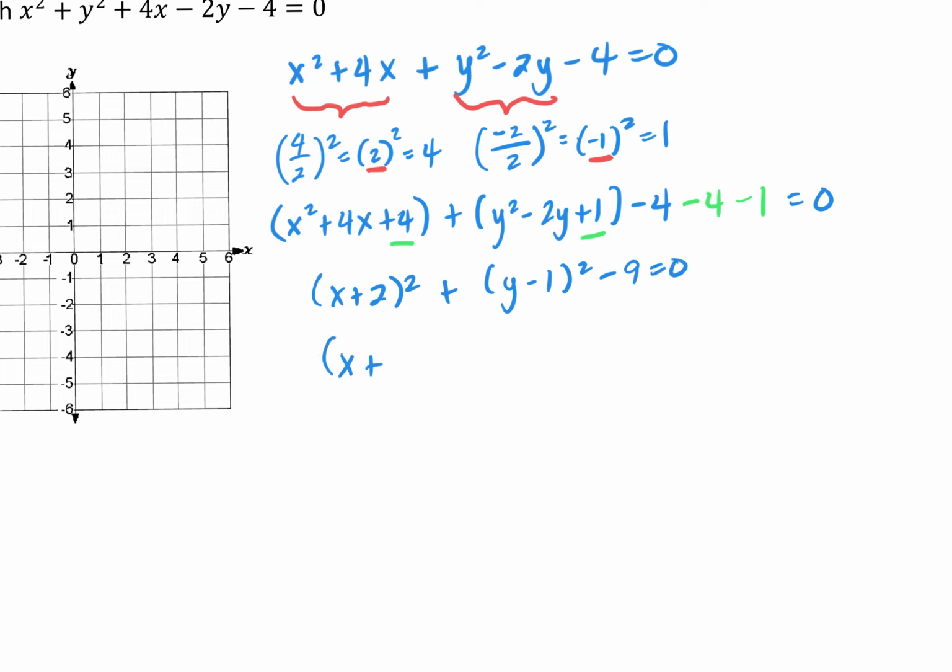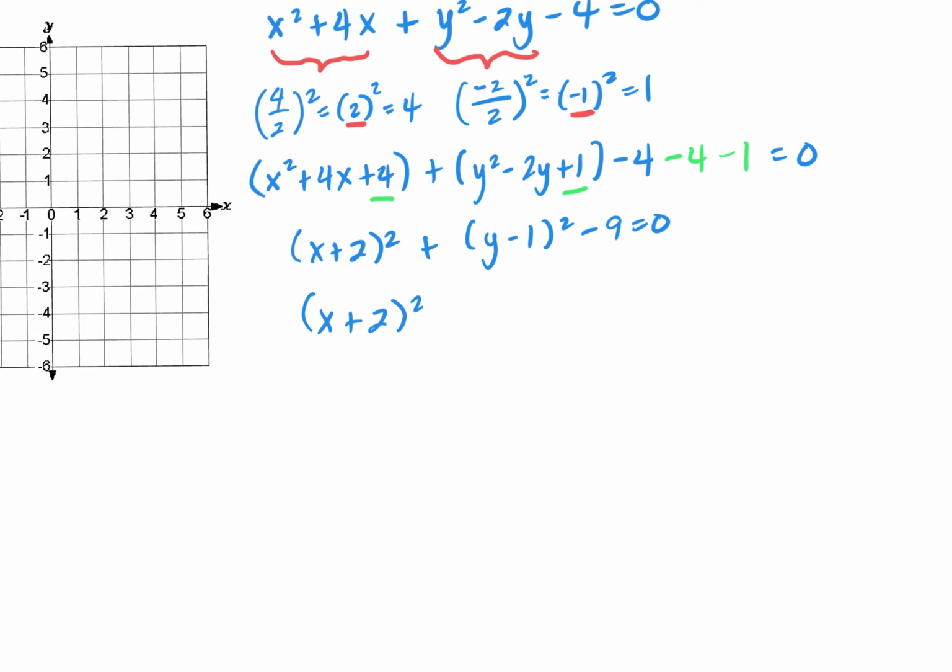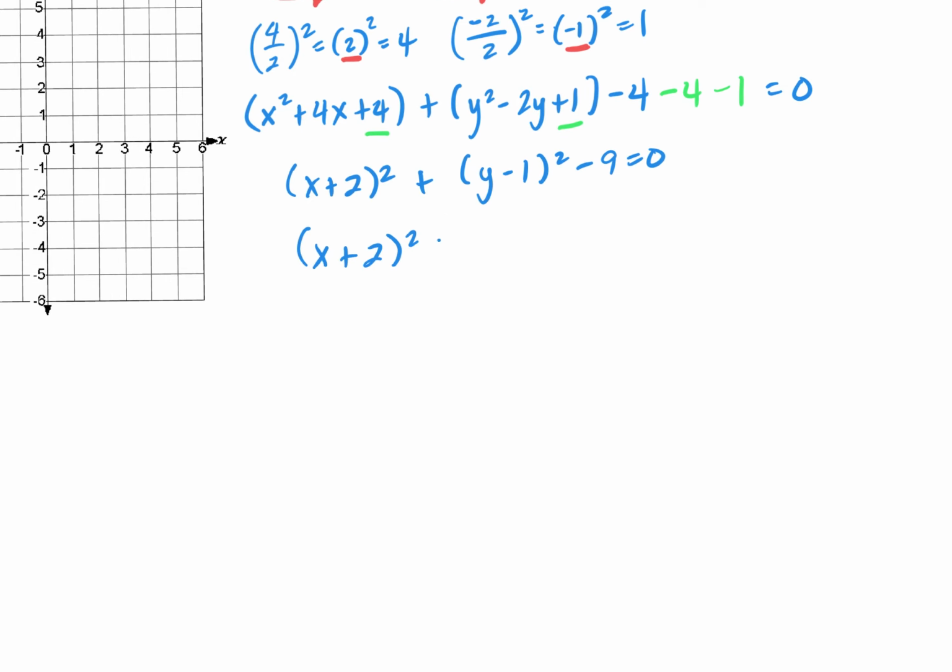The last thing I want to do is get that minus 9 on the other side by adding 9 to both sides. And I have it in the center radius form. Center is negative 2, 1.